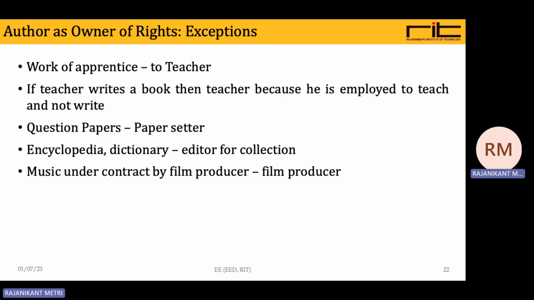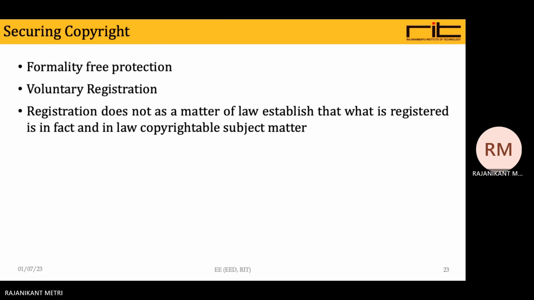Question paper or paper setter: if you set some question papers, that question paper cannot be protected, or you are not the author of that particular question paper. Encyclopedia or dictionary where you can edit, so those things cannot be your own. Music under contract by film producers: if you have done some contract to a producer to create some music, then that cannot be claimed as your own or copy protected.